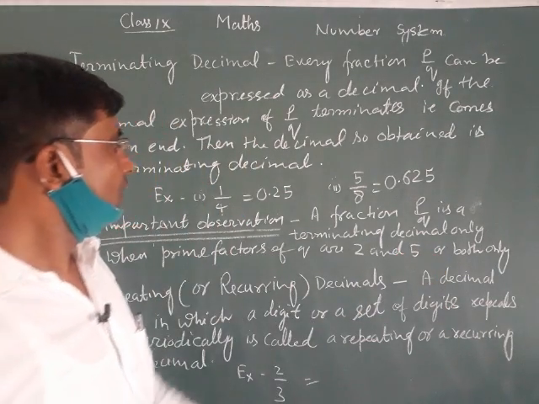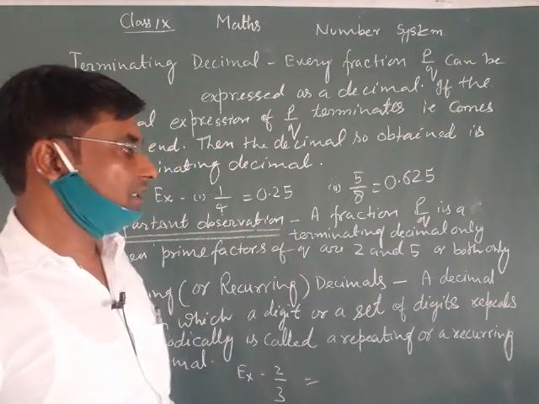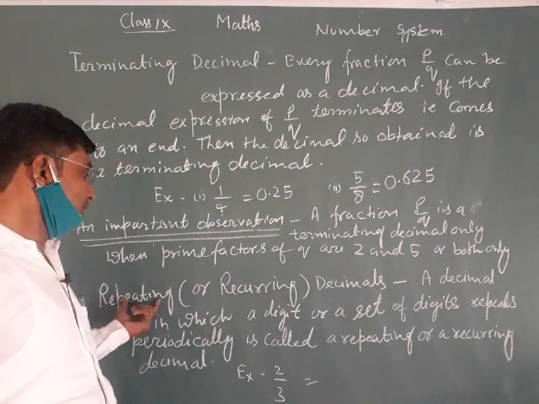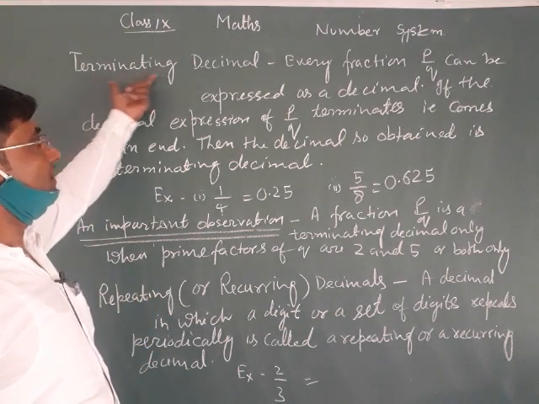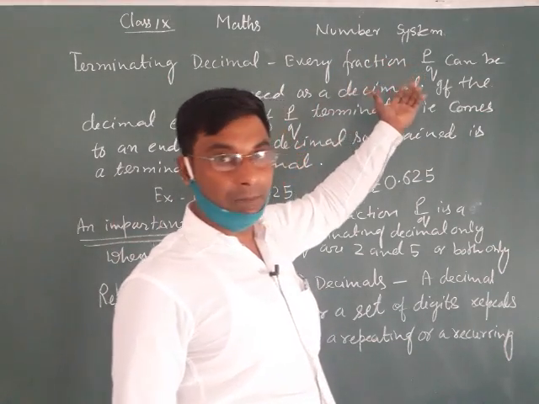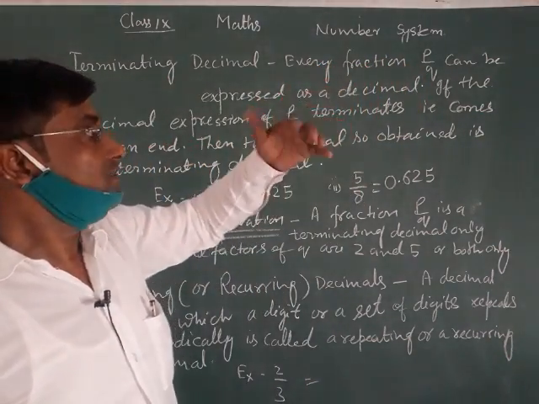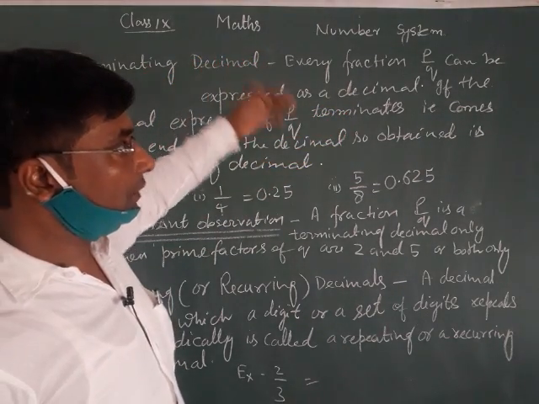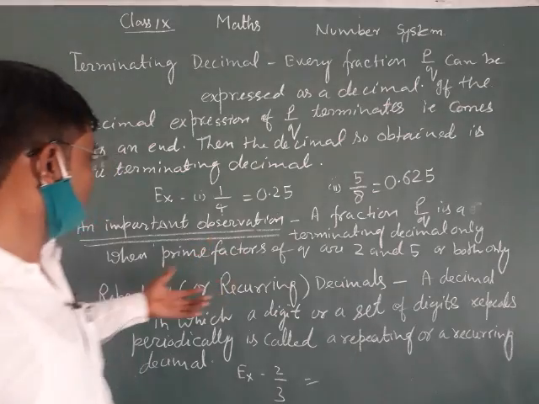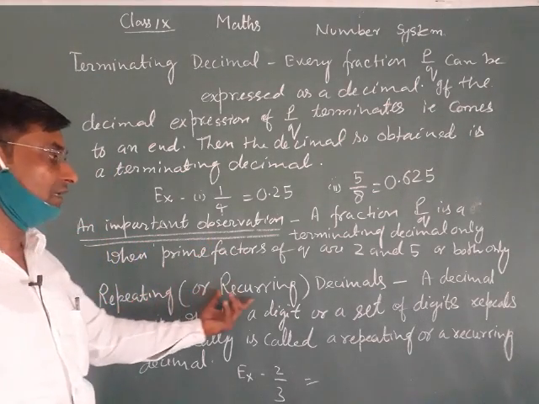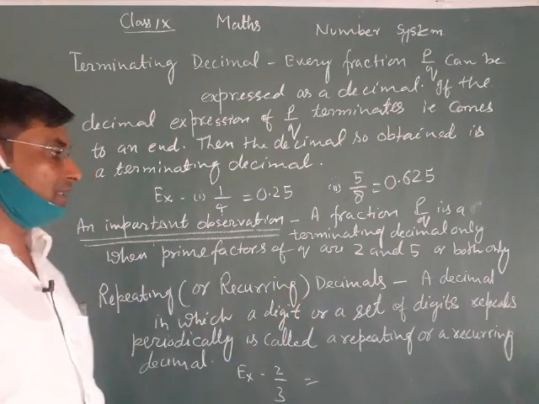This is a terminating decimal expansion. In the decimal fraction p by q, if the remainder becomes 0, this is terminating. If the remainder never becomes 0, this is a recurring decimal expansion.